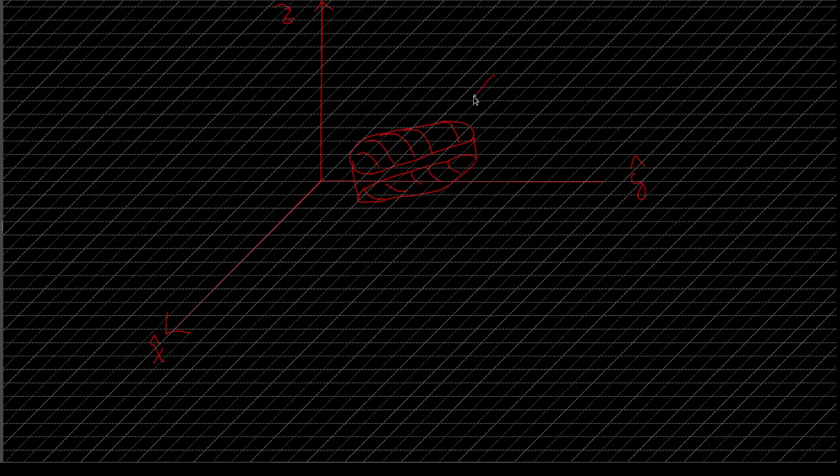And this top surface is going to be defined by some function, z equals some function, and we'll call this function 2 in r and theta. And this bottom surface is going to be defined by some function, z equals function 1 of r and theta.